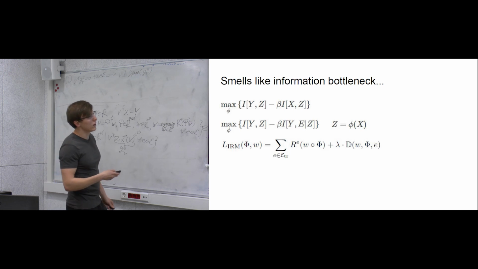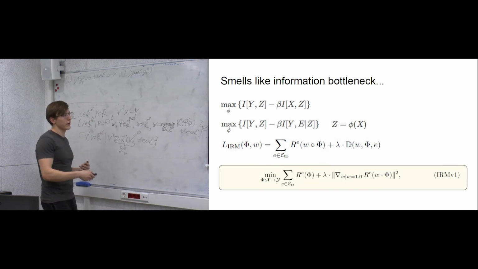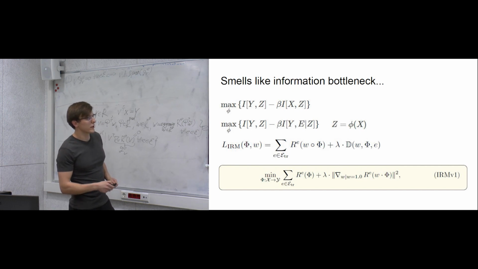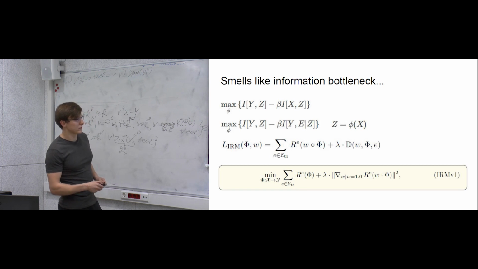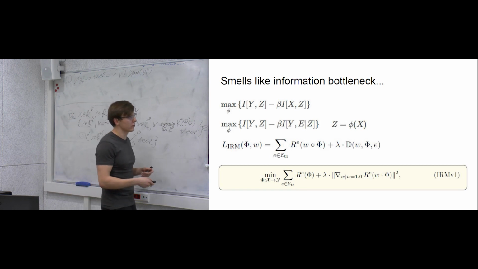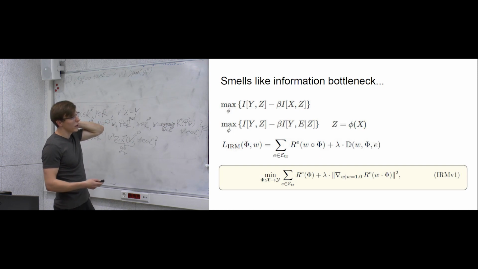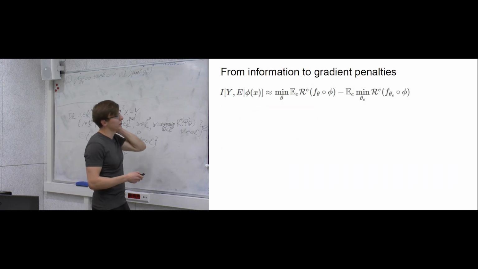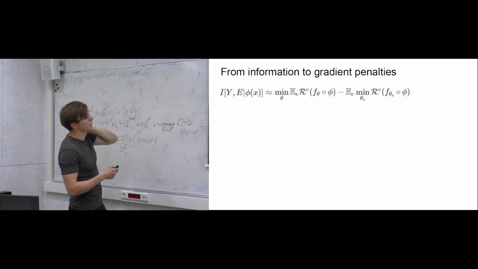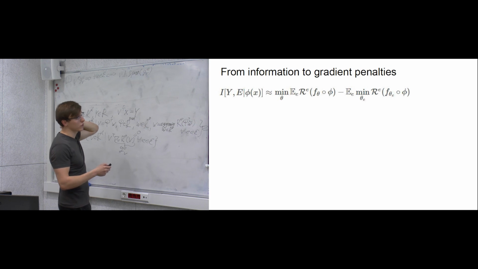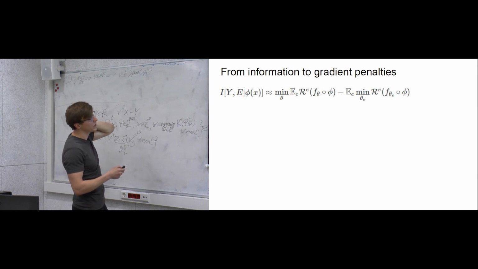But the author goes even further and says that we can actually receive an equation of this type from the information-theoretic point of view. And he does the following. He represents the conditional mutual information on the representation of our outputs and environment.